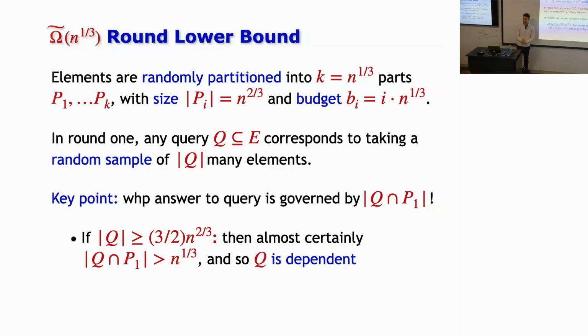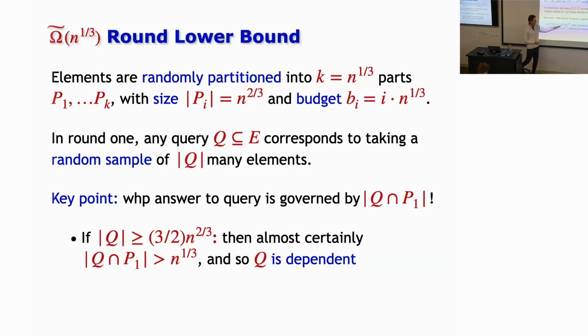First, let's imagine that your query is big. Imagine that your query has at least 3/2 times n to the 2/3 many elements. What happens then? Again, how many parts did we have? We had n to the 1/3 many parts.